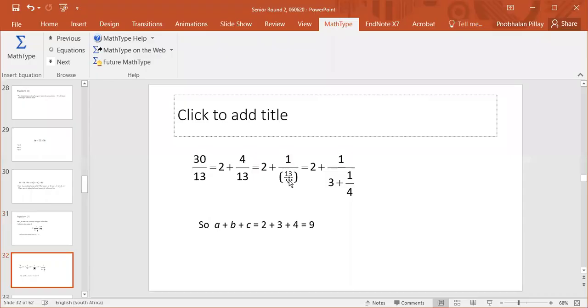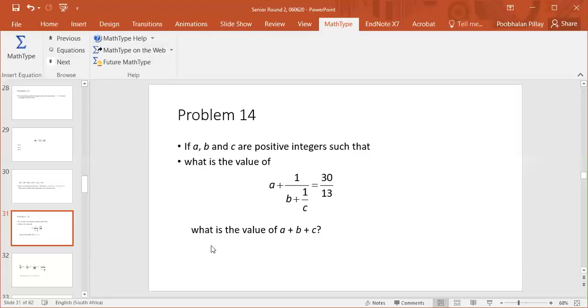Now we're getting there. Now this part here, 13 over 4, will have to be written as b plus 1 over c. So I'm going to divide 13 by 4. 4 goes into 13 3 times, so this will be 3 plus 1 over 4. That's 3 and a quarter.